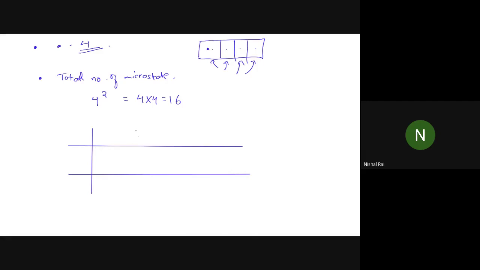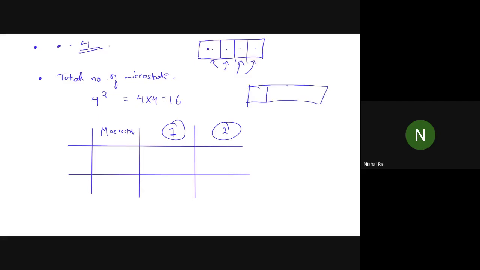Now your first macrostate will be what? This is compartment 1. Let's call this macrostate, and this as box 1 and cell 2. Sorry. First macrostate is 2 particles in 4 boxes. So where could the particles be? 4 compartments. 2 particles could be over here.